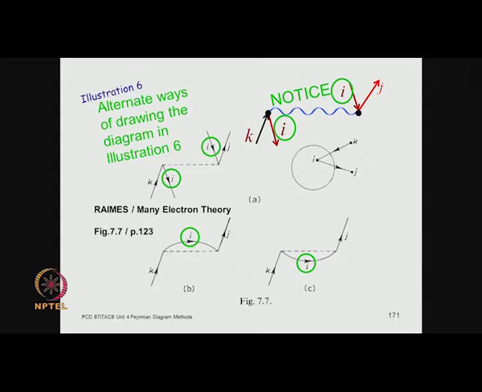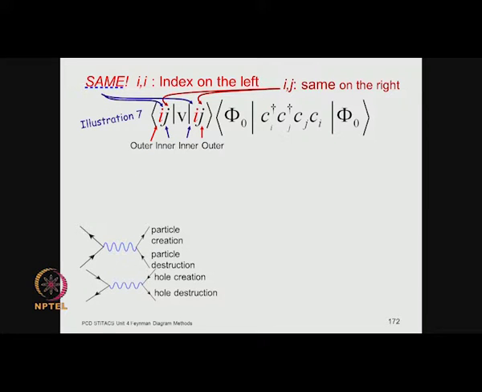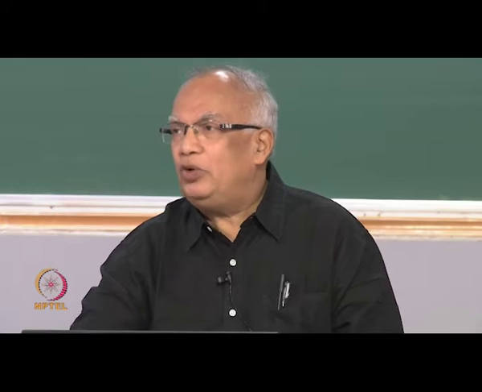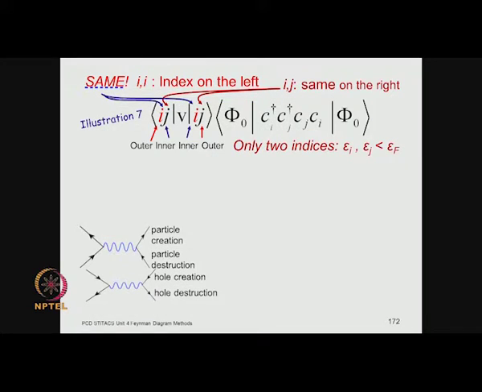All right. Now, let me take one more example over here, and now I have, out of the 4 indices i, j, k, l, 2 indices here which are both i, and here which are both j. So, there are actually only 2 rather than 4 indices to think about, and let us consider both of these indices to be below the Fermi level.